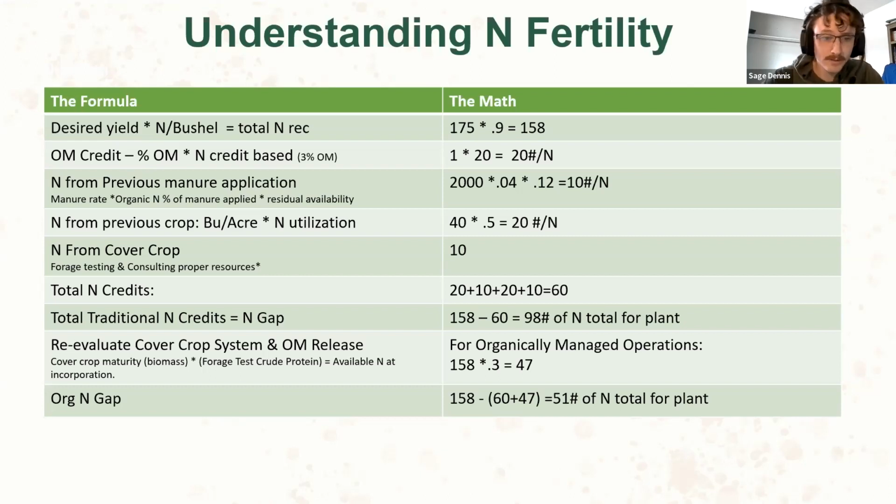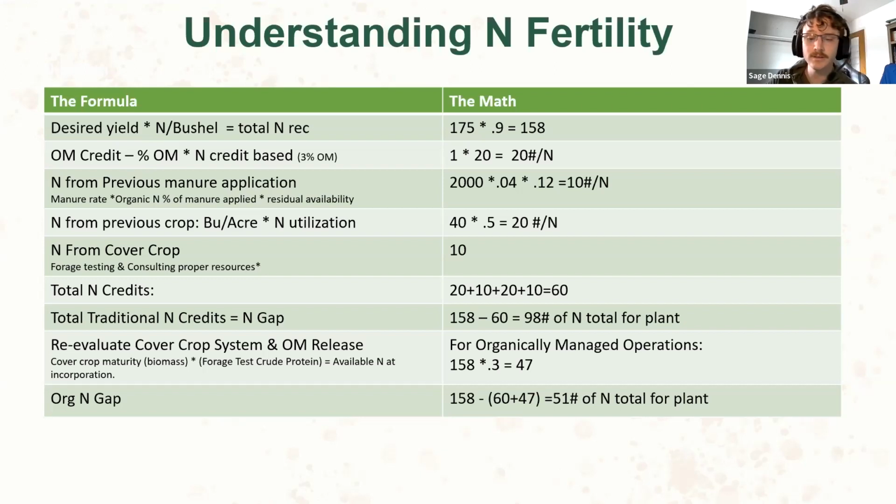As it says here on the left side, reevaluate your cover crop system and your organic matter release. That's because if we take those steps and get that forage test, and look online to see what our total nitrogen is in comparison to our biomass, and then figure out what we're actually working in, because we calculated the total biomass at the time of termination, we're able to refine that 10 units that the farmer just assumed is there to something much more plentiful.